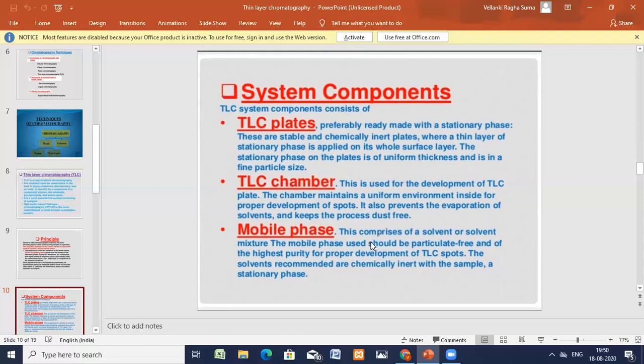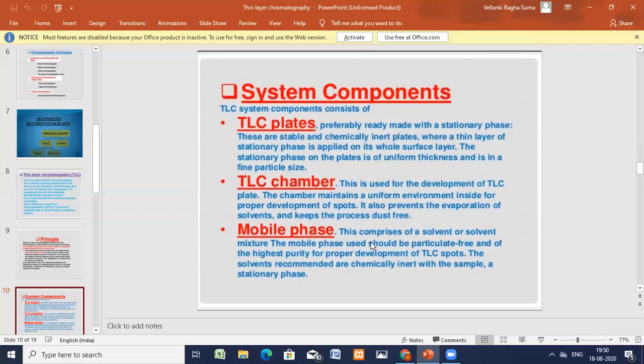Here the principle, as mentioned earlier, is differential adsorption of components on the stationary phase and differential migration of the components, or differential ion exchangeability. The factors influencing RF values are almost the same as those controlling RF values in paper chromatography in the previous session.